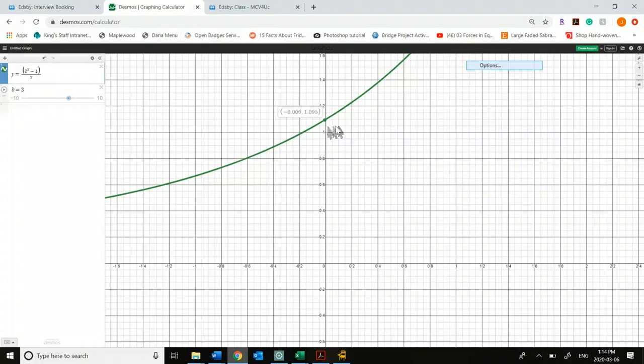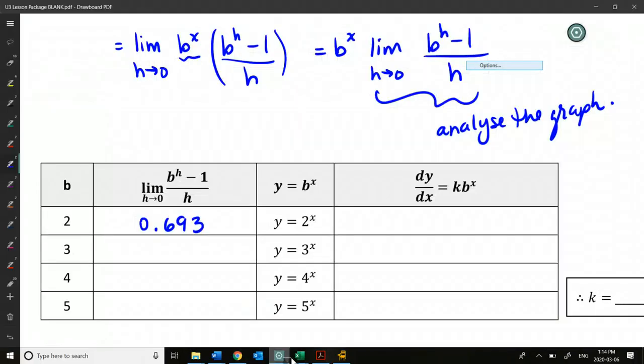So I would say this is really close right here, about 1.099-ish. Of course we are undefined because at x equals 0 there's an undefined point there, right? So we're just seeing what we're approaching. So it looks like when we're at about 0.001, we're at about 1.099 when the base is 3.